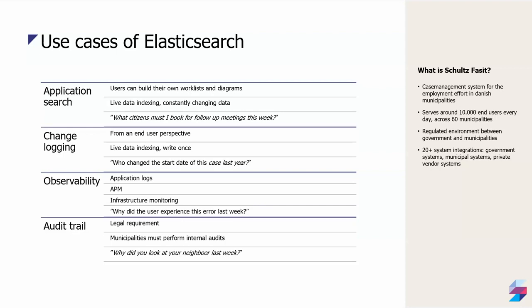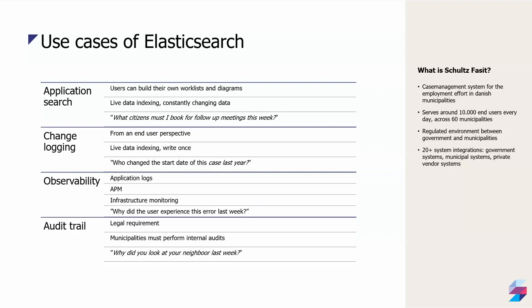Third is observability, which is basically what we started out with: logs, APM, monitoring our infrastructure. And lastly, we also use it for audit trails, which is a legal requirement for our clients, our customers, that they need to keep checks on their own employees, that they are not looking into things that they're not allowed to.